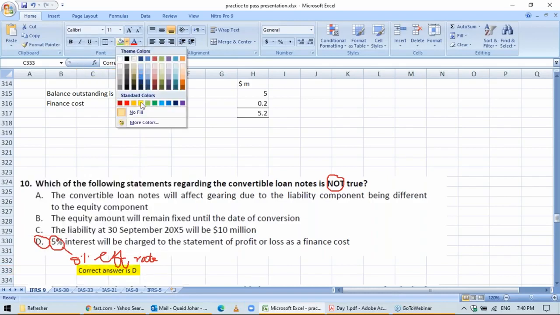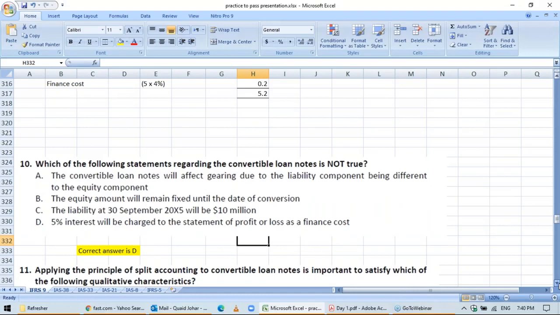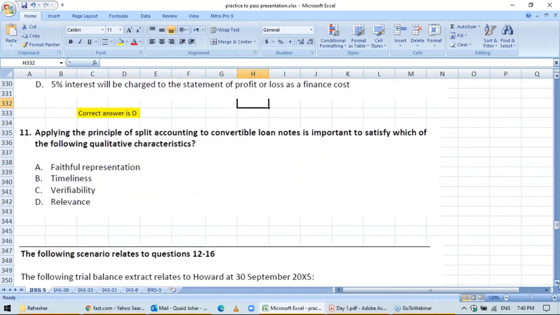Okay, students. So let's move ahead. Question number 11. Applying the principle of split accounting to convertible loan notes is important to satisfy which of the following qualitative characteristics? It's simple. So the best answer here is A. Why do you split into equity and debt?